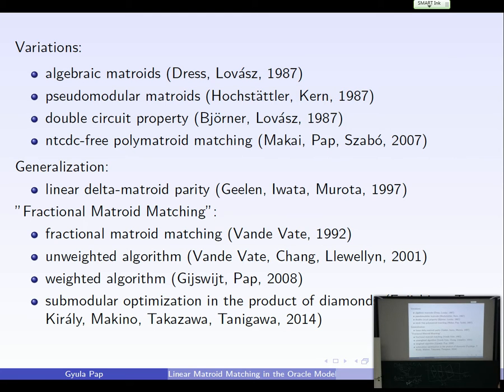It is a non-trivial thing, and currently the nicest result that we can do this fractional matroid matching is due to Vande Vate. With Dion Gijswijt, we looked at the weighted problem, but then you can go one step further to submodular optimization over some.